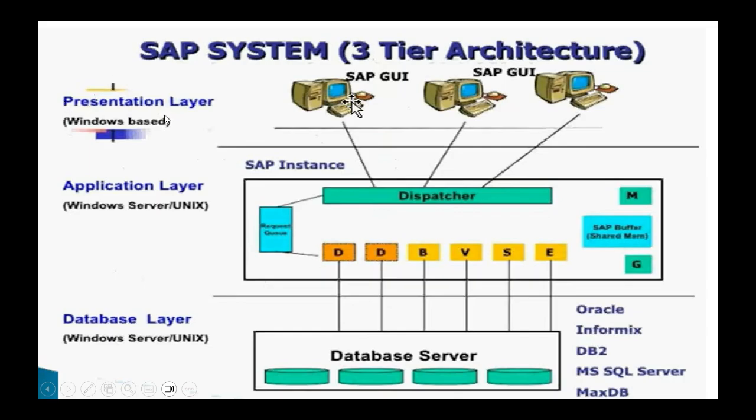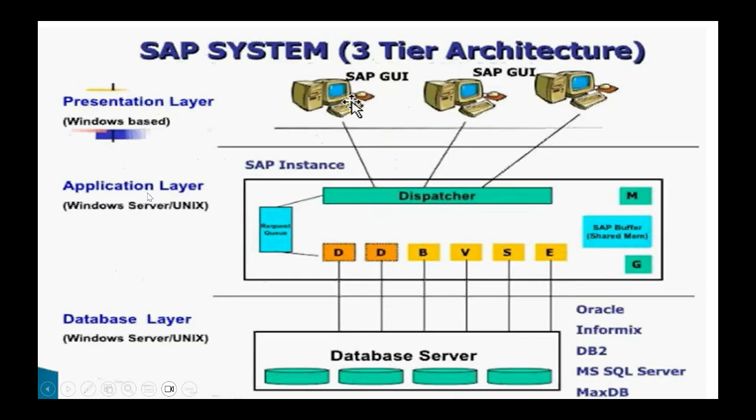It cannot be Linux based. That's why the first layer, the presentation layer, has various graphical user interface devices, GUI. It may be a laptop or a desktop. That comes under the presentation layer.